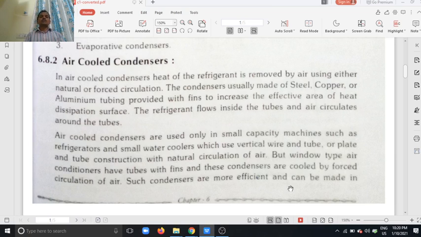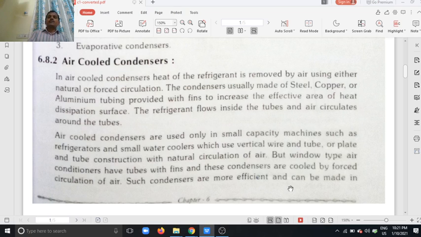Air cooled condensers are usually of small capacity, such as in refrigerators and small water coolers, which are vertical wire and tube or plate and tube construction with natural circulation of air.